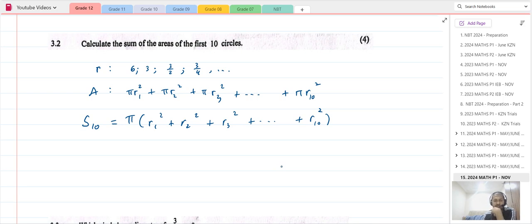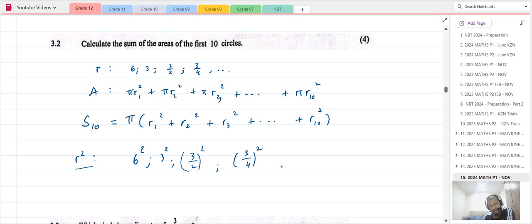So we got 6 squared. Now what's our R squared pattern? It becomes 6 squared, 3 squared, 3 over 2 squared, 3/4 squared, and so on.